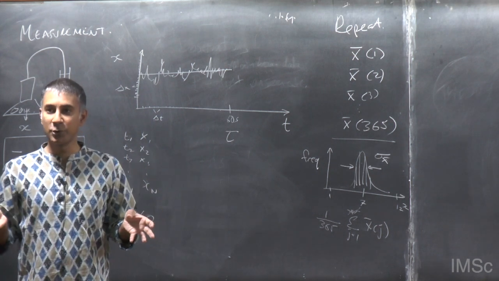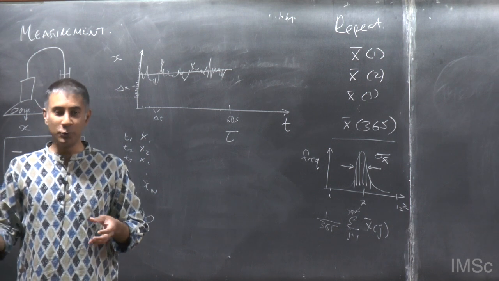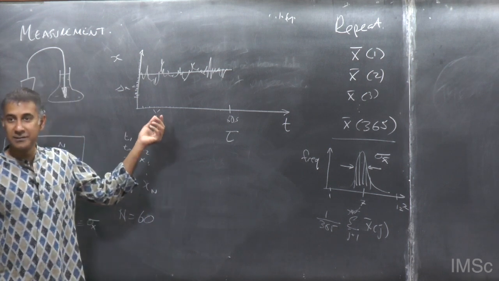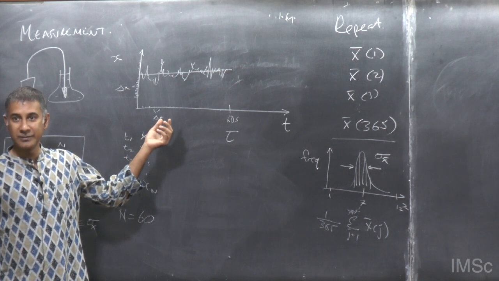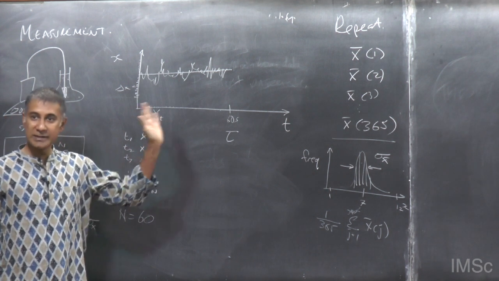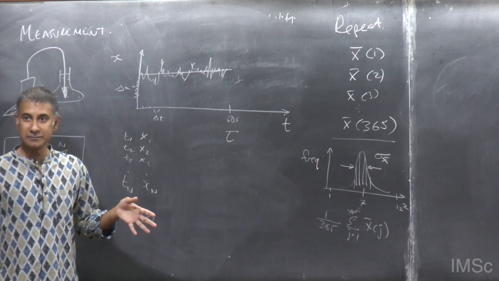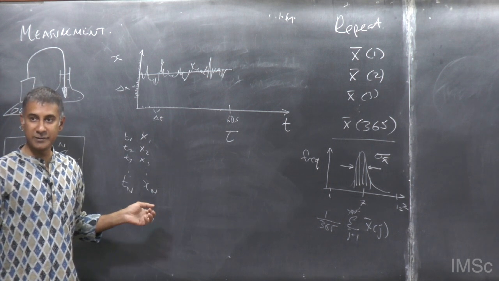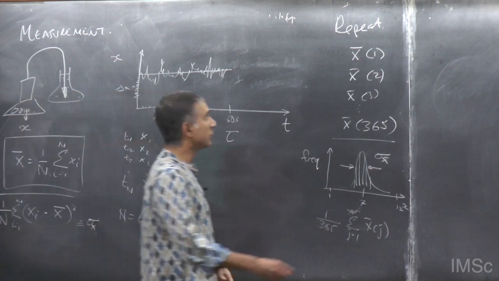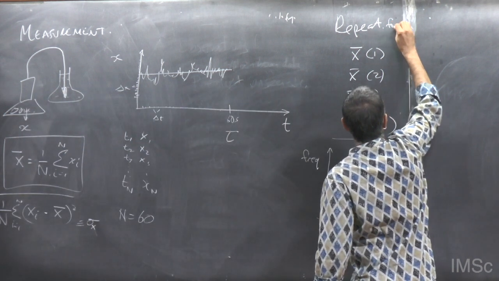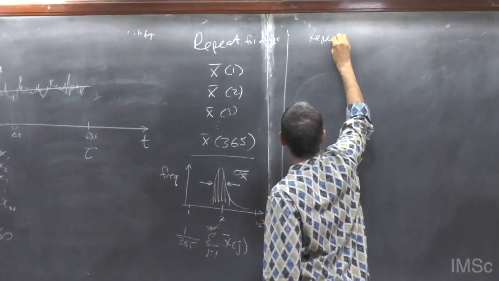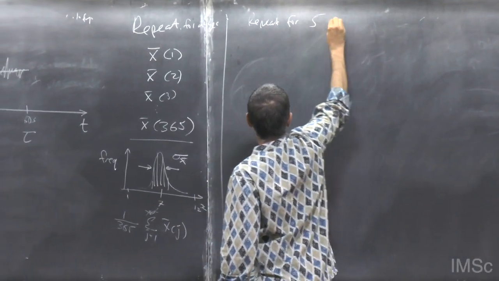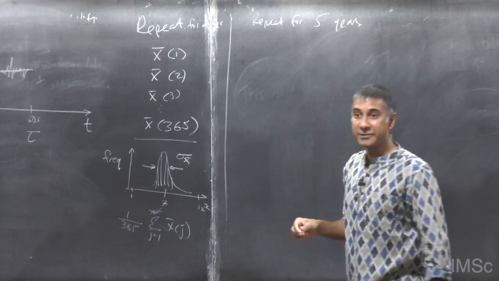Now that I've done this for a whole year, in year 2, I'm going to change my value of delta t. Instead of 1 per second, I'm going to do 10 per second. So in year 2, I'm going to do the whole experiment again with a different value of delta t, where this value of delta t was for 60. So I'm going to repeat for a year and then repeat for your whole PhD, 5 years.